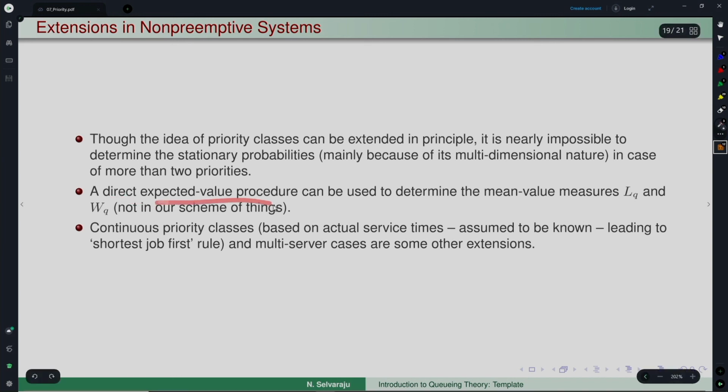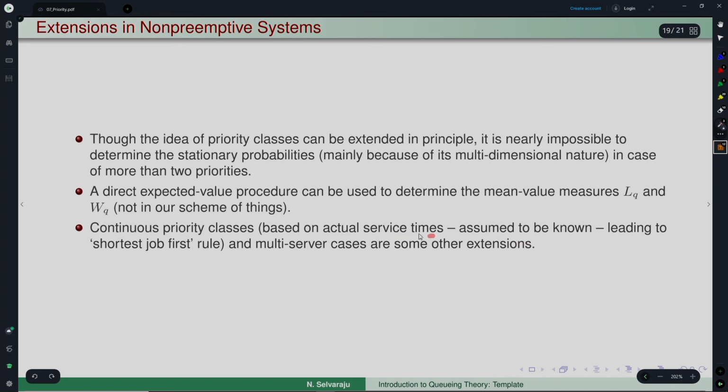Of course, the textbook has this also, so one can have an idea. And a further extension could be, for example, continuous priority classes. This is important in computer and communication systems. These are based on the actual service times, right. Here we know exactly how much the service requirement is; that is what we say is assumed to be known.